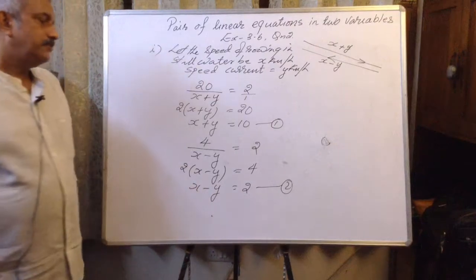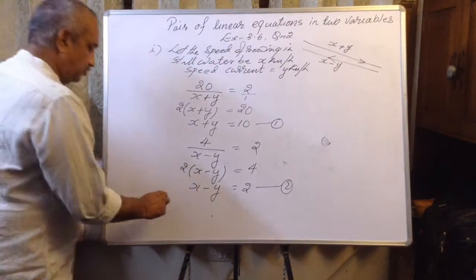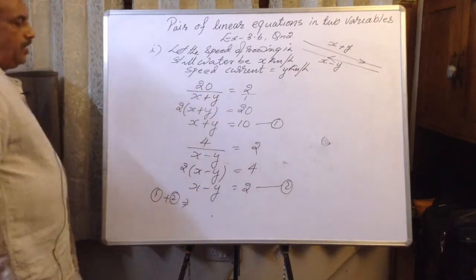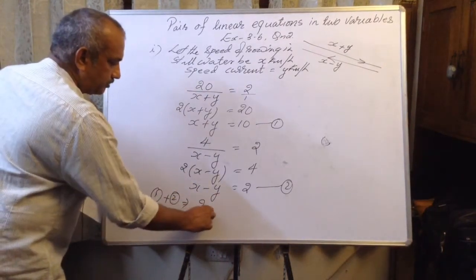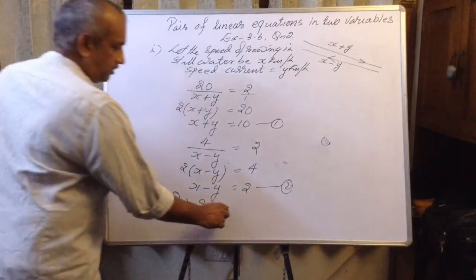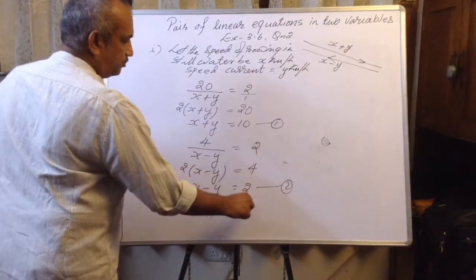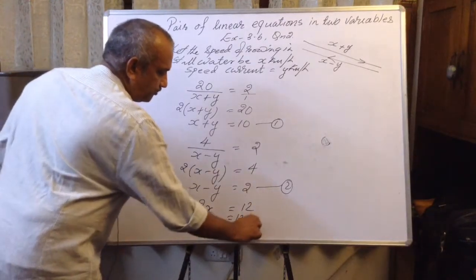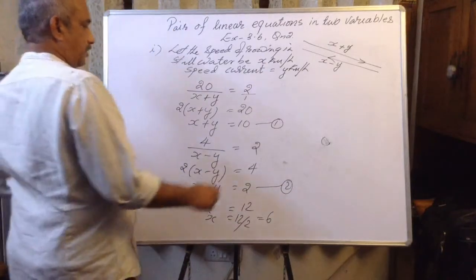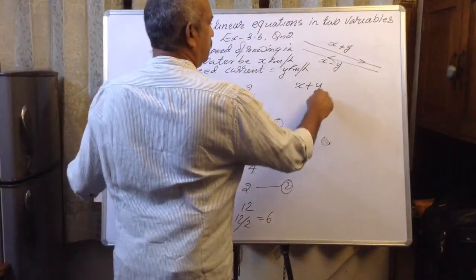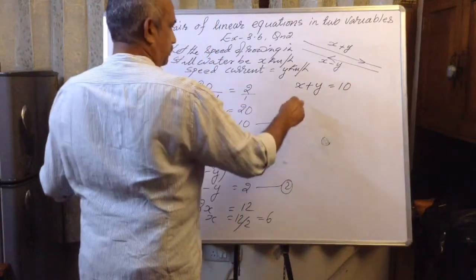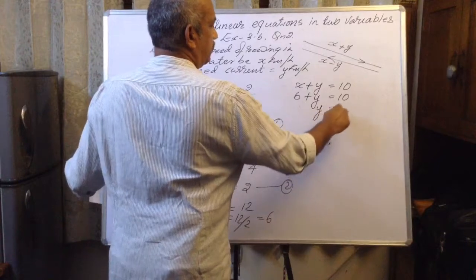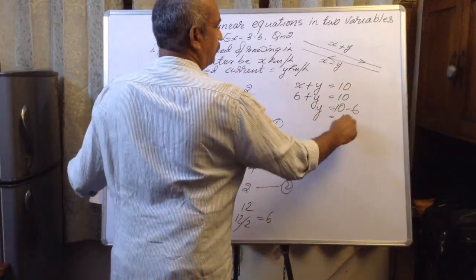Now directly we can add 1 plus 2: x plus x gives 2x, minus y plus y cancelled, is equal to 10 plus 2, 12. So x is equal to 12 upon 2, which is equal to 6. Now x plus y is equal to 10, 6 plus y is equal to 10, y is equal to 10 minus 6, is equal to 4.